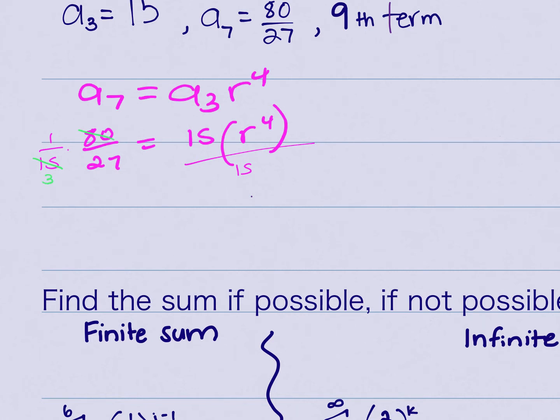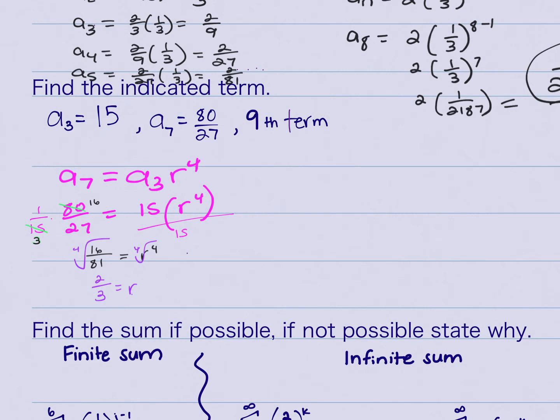It's hard to read, sorry. 3 and 16, and I end up with 16 over 81 equals r to the 4th. Find that 4th root. 4th root of 16 is 2. 4th root of 81 is 3. That will always be able to be simplified. It's not going to give you a root that's not able to be 4th rooted or 3rd rooted or whatever.